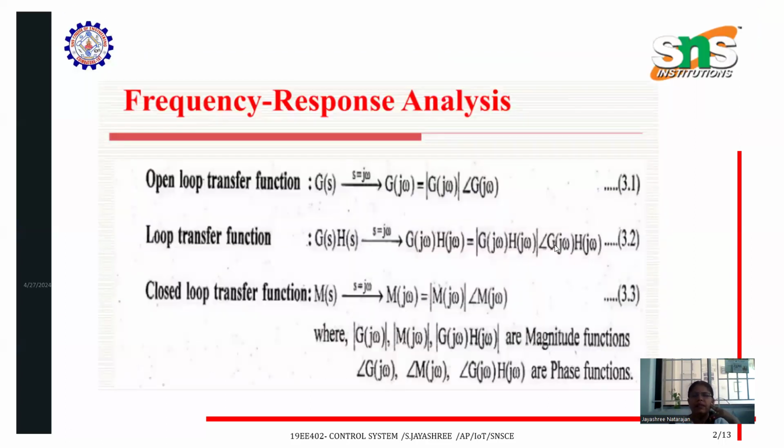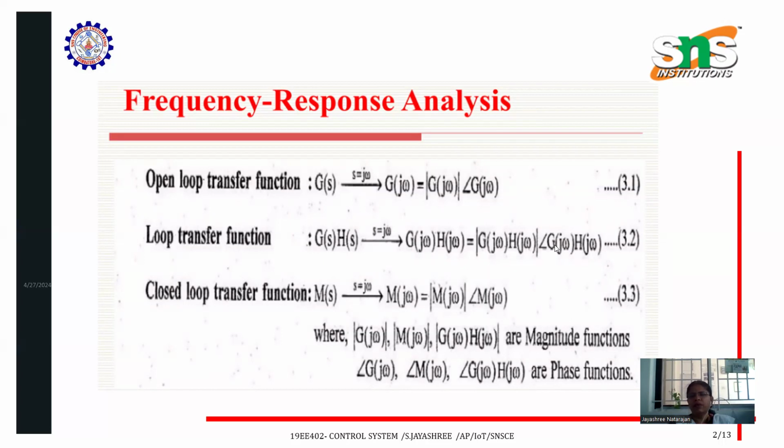Here I have given a transfer function of open loop, G of S. Substituting S equals j omega, G of j omega equals the modulus of G of j omega into the phase angle of G of j omega. So this is my open loop transfer function.